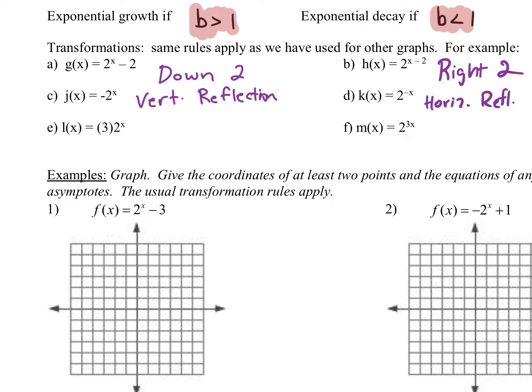Multiplying our a value times 3 will create a vertical stretch by 3. And multiplying x in our exponent will be a horizontal compression by the reciprocal of 3, 1/3.